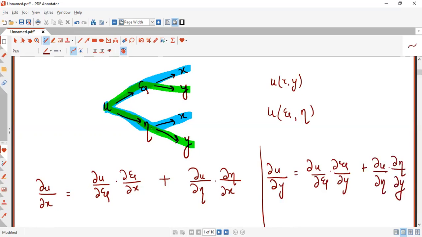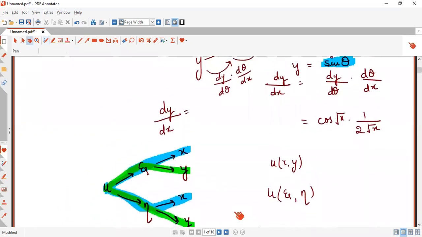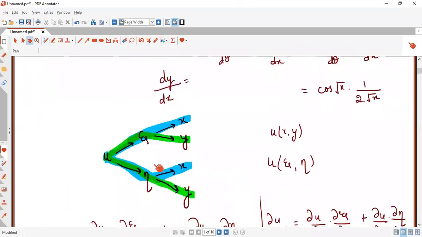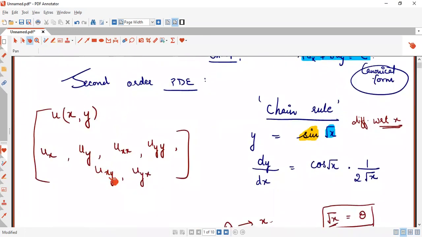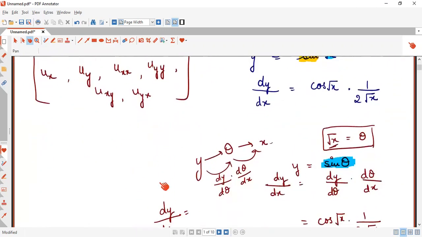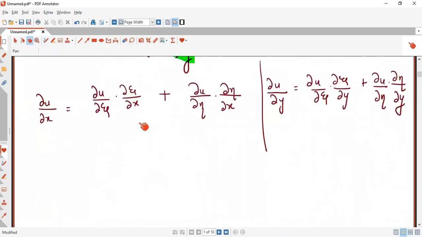Okay. Now del u by del x and del u by del y, I have to differentiate again. What will happen to that? Because here we are talking about second order PDE, so we have to find this uxx, uyy, uxy, uyx, right? Let's check what will happen. Now this del u by del x will also again be in terms of xi, eta, x and y, right?